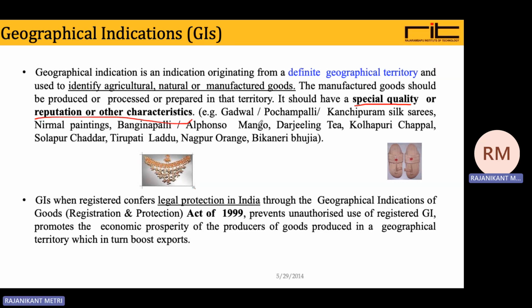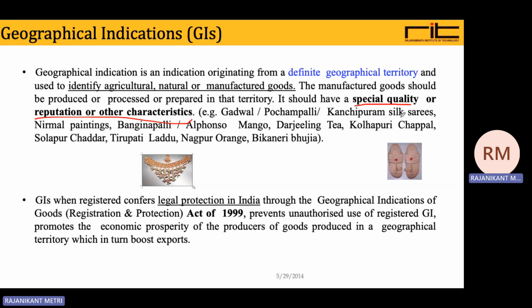For example, Gadwal, Pochampalli, Kanchipuram silk sarees, Paithani sarees, Nirmal paintings, then Banganapalli mangoes, Alphonso mangoes from Ratnagiri, then Darjeeling tea, Kolhapuri chappal, Solapur chadar, even Tirupati laddus, Nagpur oranges, Bikaneri bhujia.